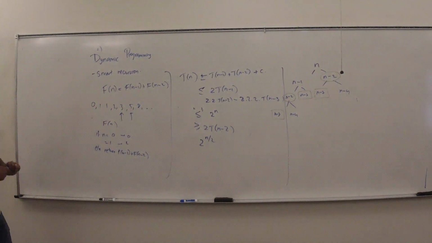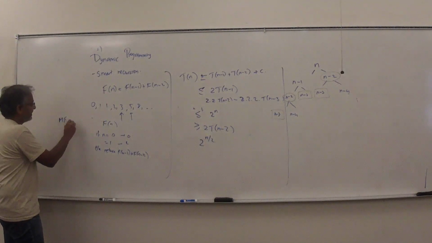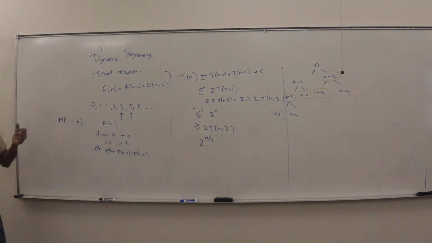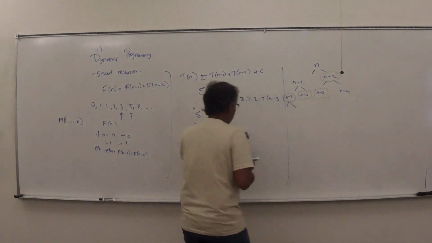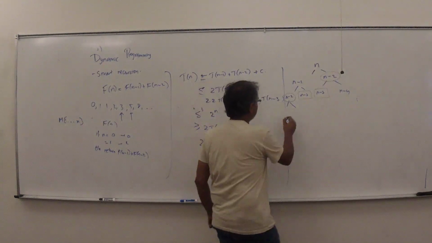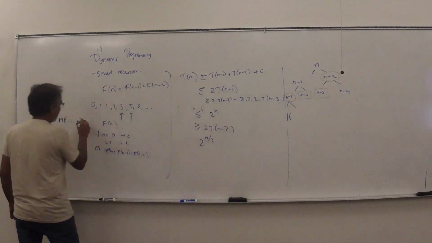So maybe what I should do is keep an auxiliary array here, which will store these intermediate values. My new piece of code would look something like this. Let's say we initialize all the values initially to minus 1.